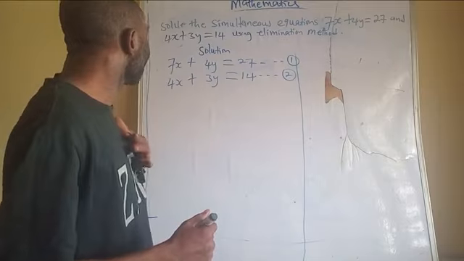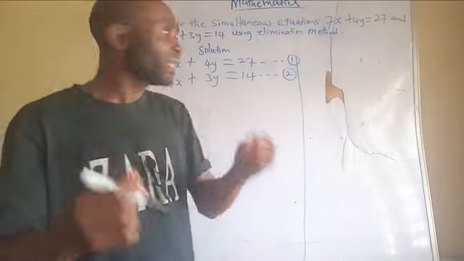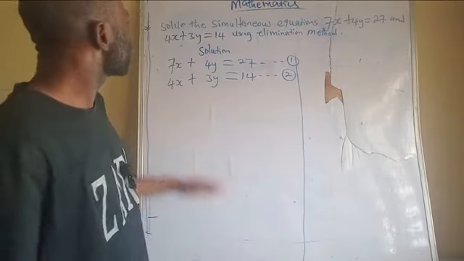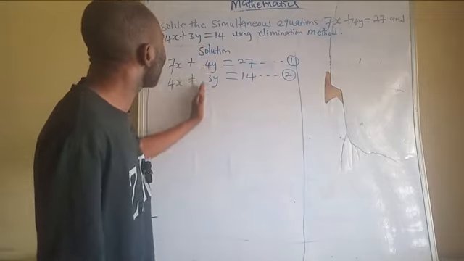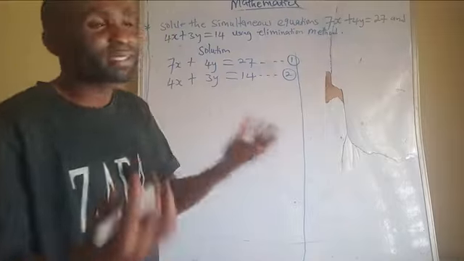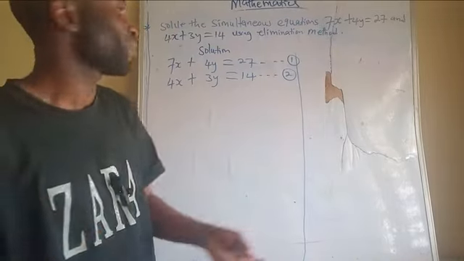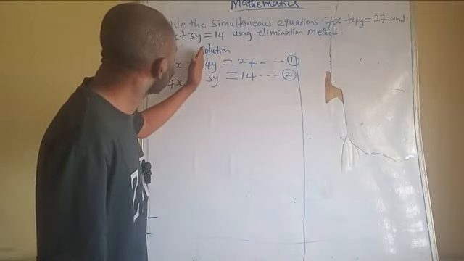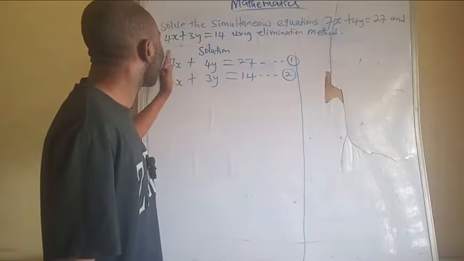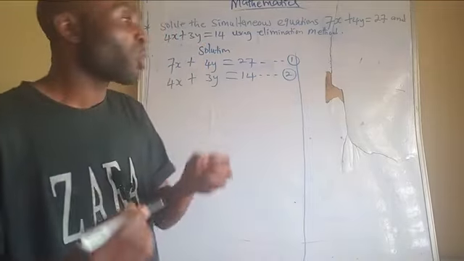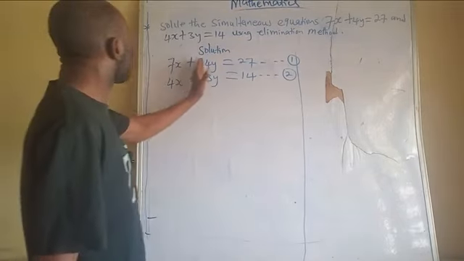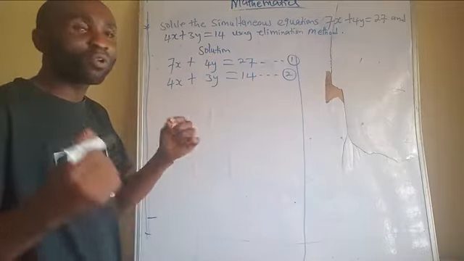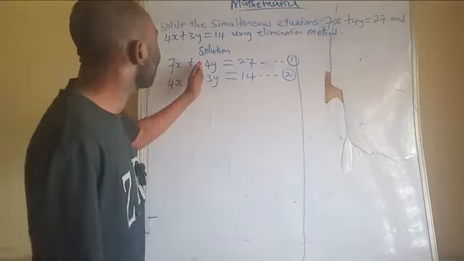To me, the best way is to eliminate y first. Why? Because the coefficients of y are very simple to choose a number to multiply to make them equal. But 7 is big, so always go with the variable whose coefficients are small. So now I'll go with y. The coefficient is the number that is together with the alphabet.